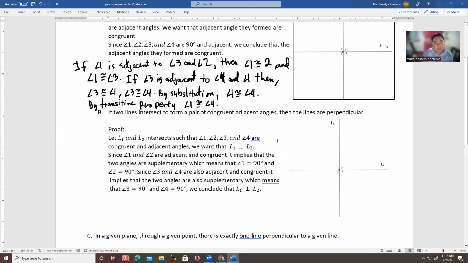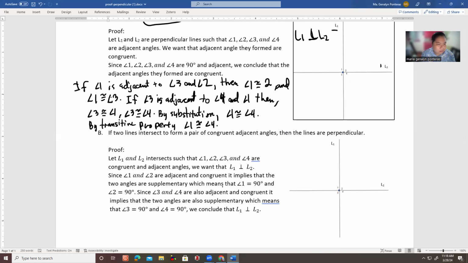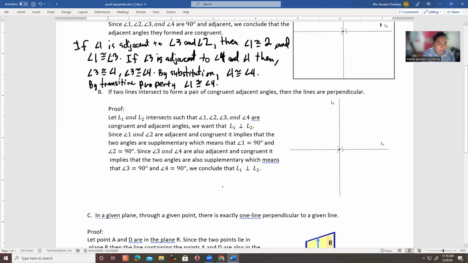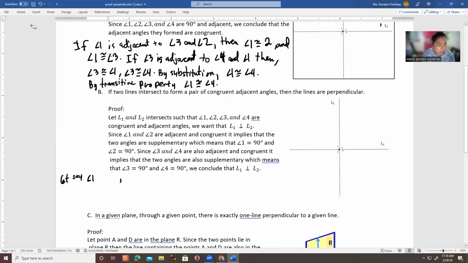So let's say angle one. We can prove this backward. Let's say angle one and angle two are adjacent angles. Let's say angle one, angle two, and angle three are adjacent angles.